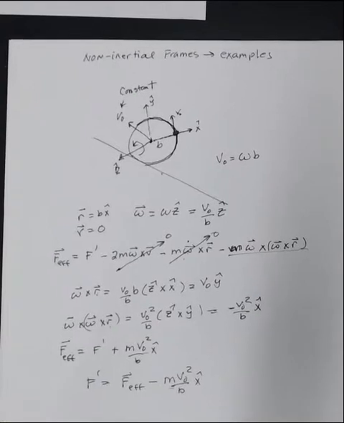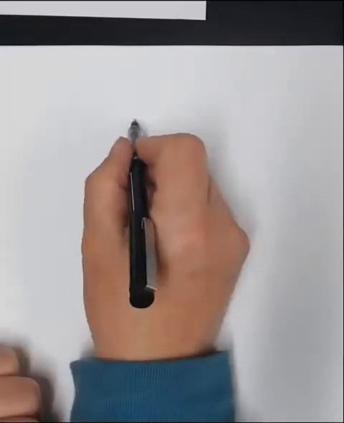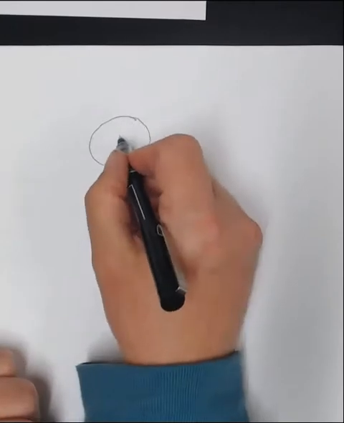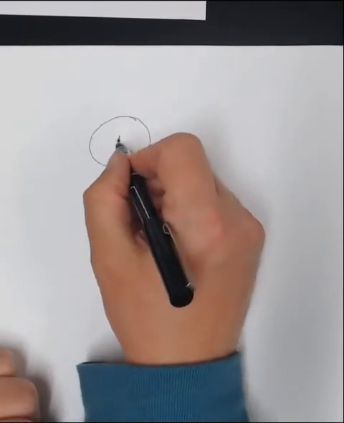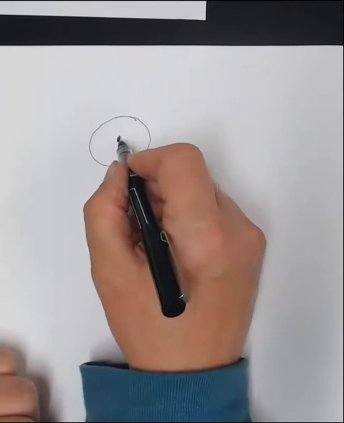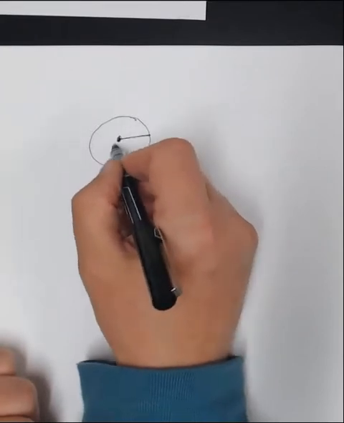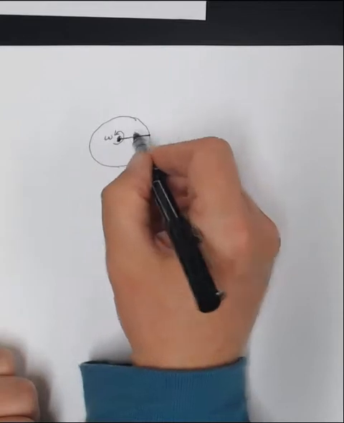Okay, let's do another example, maybe something rotating too. We'll do the famous merry-go-round. The z-axis comes out of the page here, and here's a line along this, and this is rotating around this direction.